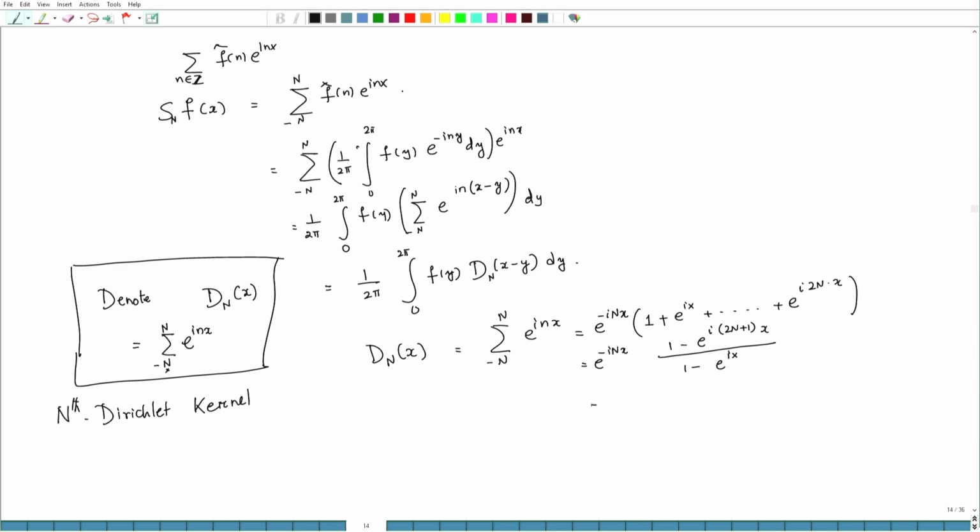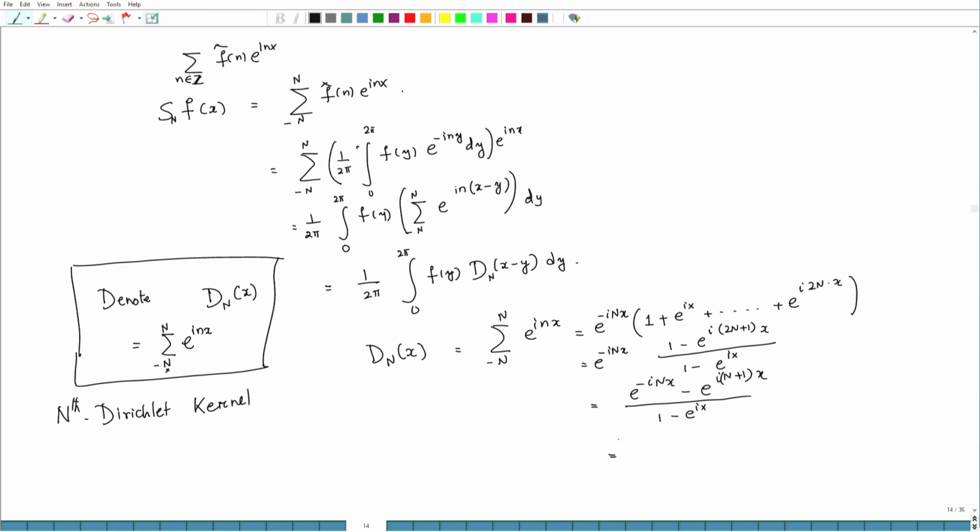Now, this is equal to e to the power minus i n x minus e to the power i (n plus 1) x divided by 1 minus e to the power i x.